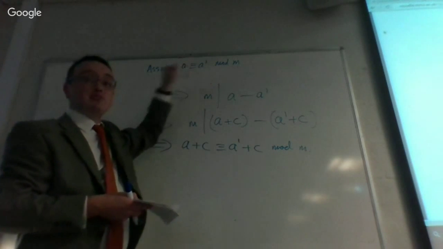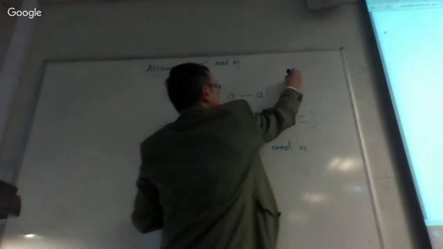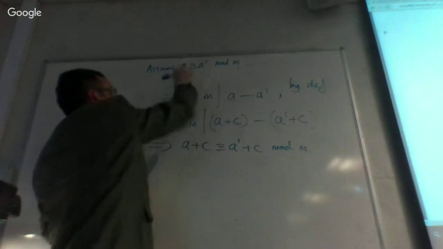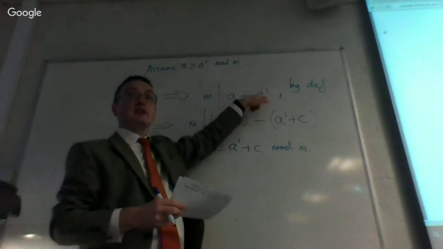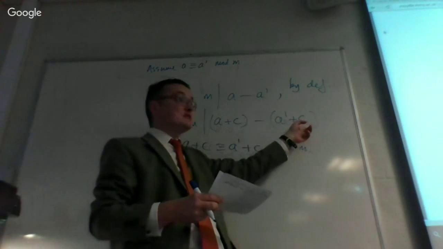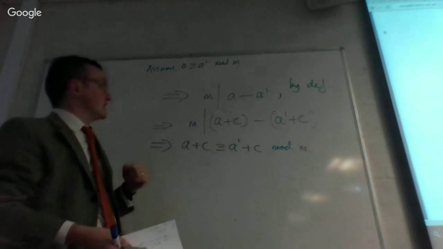If a is congruent to a prime, by the definition of congruence, this means n divides the difference a minus a prime. And we can introduce a plus c and a minus c. We're not changing anything, it's the same as adding 0.